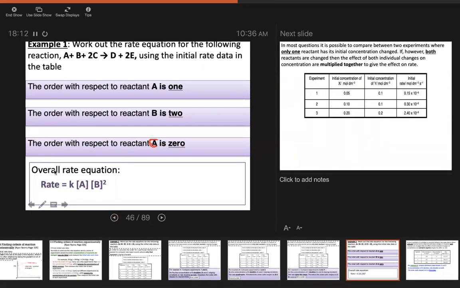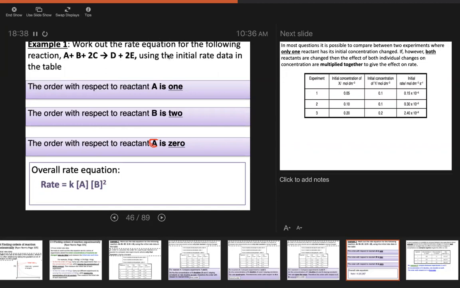The rate equation is rate equals k, the rate constant. You will always have the rate constant in your rate equation or rate expression, times the concentration of A to the power of 1, times the concentration of B to the power of 2, and times the concentration of C to the power of 0.